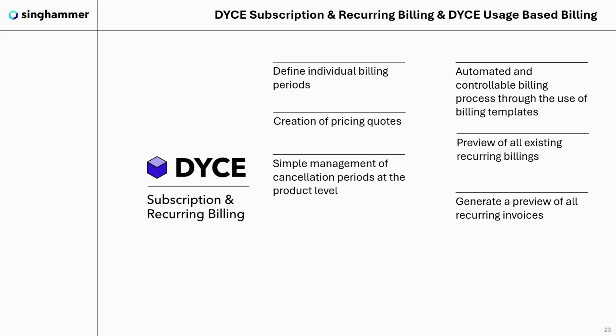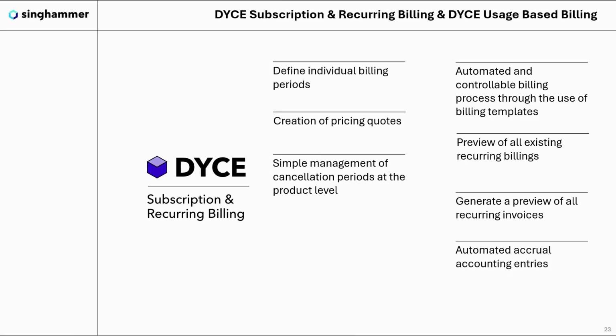Do you follow a four-eyes principle for invoices or want to review invoices before posting? Our app can generate a list of all upcoming invoices with just a few clicks. Your accounting department will love our app. It accrues invoice net amounts and posts them period appropriately.